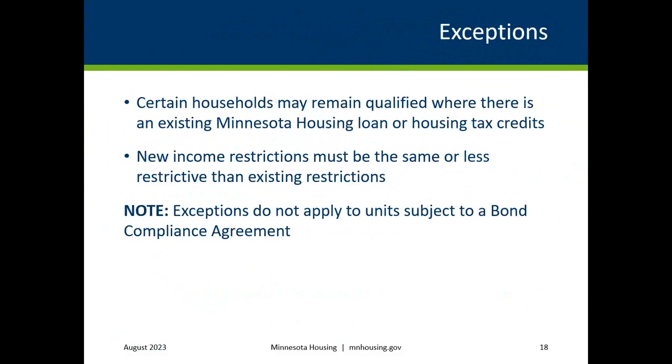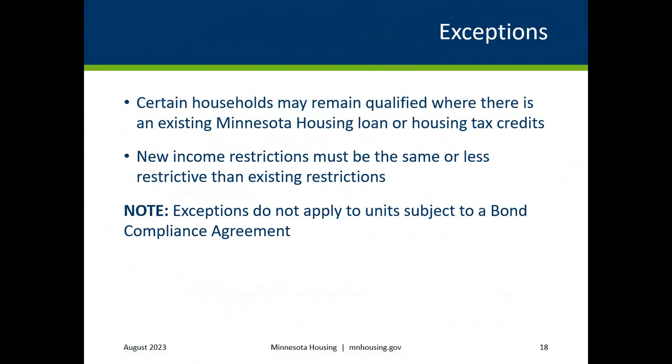Unless units are subject to a bond compliance agreement or state or federal statute or rule states otherwise, existing units occupied by qualified housing tax credit households and/or households qualified for an existing loan from Minnesota Housing will remain qualified upon closing of new financing from Minnesota Housing, provided that the new restrictions are the same or less restrictive than the existing financing or housing tax credits.